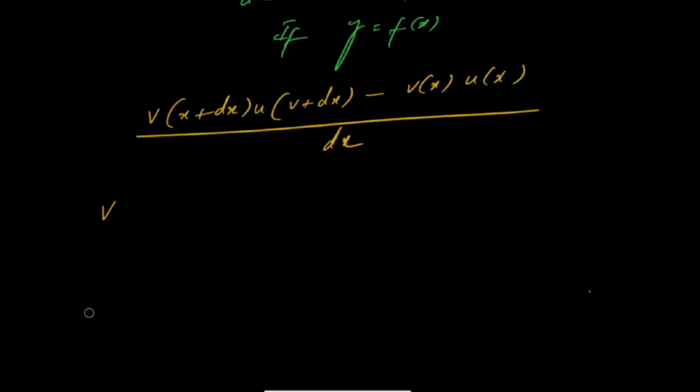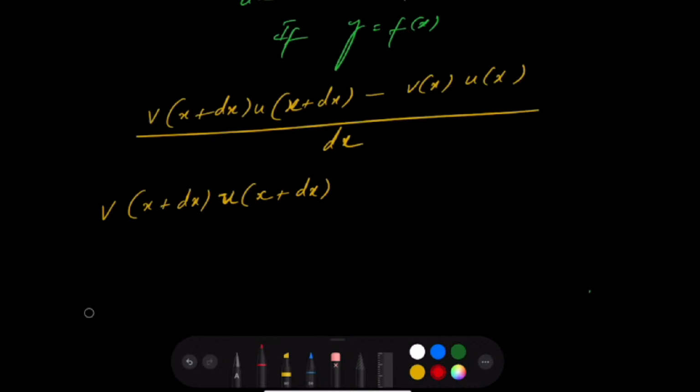Now, if I add and subtract, let it be as it is, v of x plus dx into u of x plus dx. If I subtract, I'll subtract in green, v of x plus dx into u of x, here what should I do?